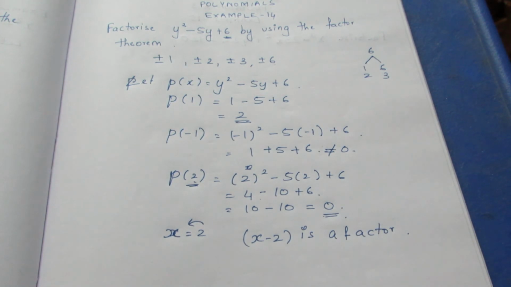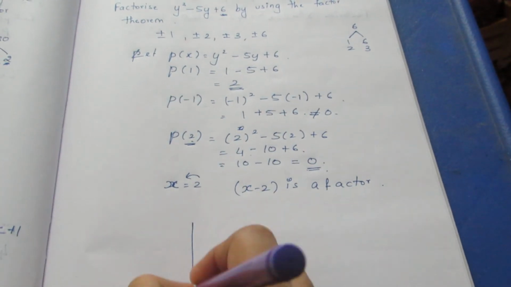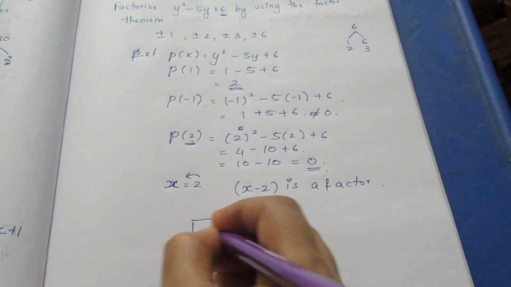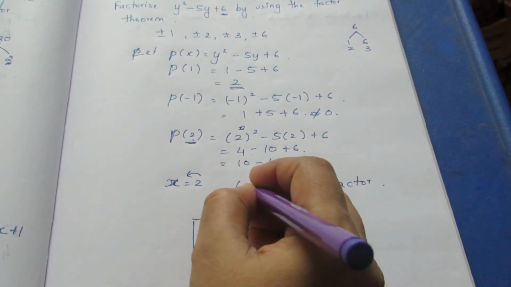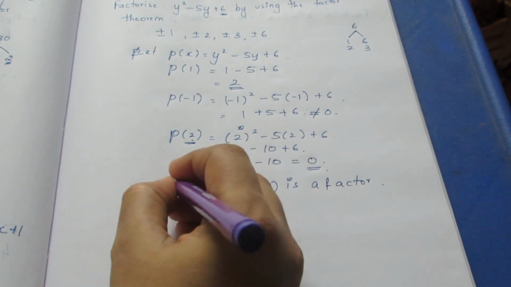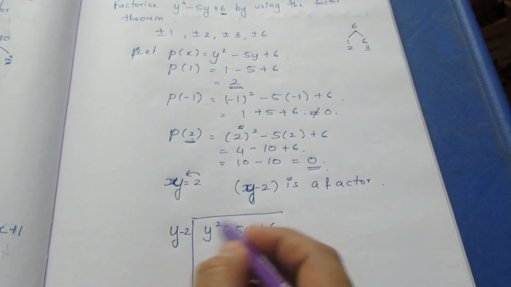Now I got y minus 2 as a factor. If you find one factor, just divide the polynomial by it. Divide y square minus 5y plus 6 by y minus 2.